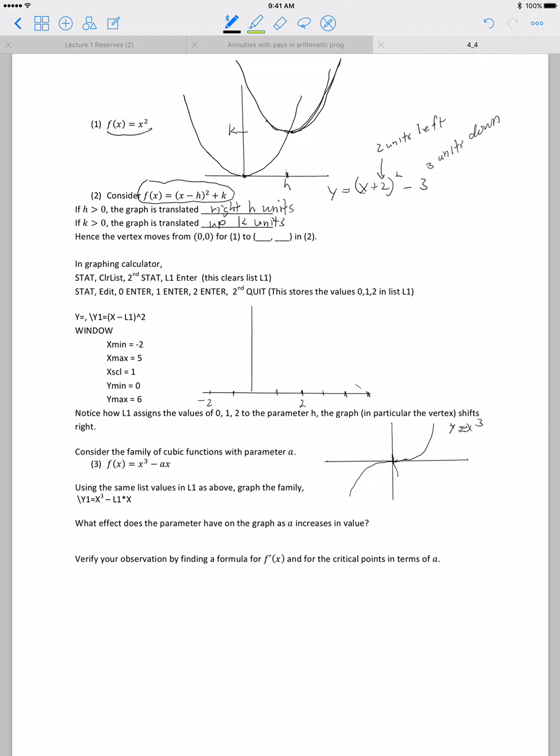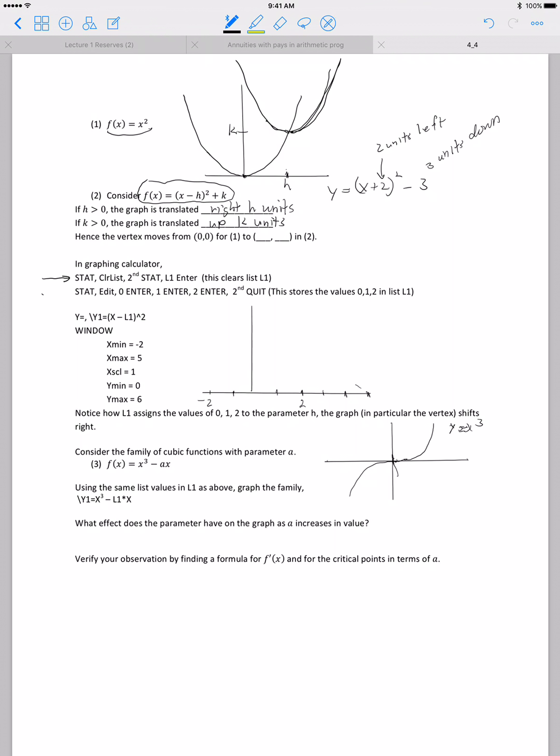So if you take out your graphing calculator and go by these instructions here, hit the Stat key, and then Clear List, select Clear List, and then do Second Stat, and select L1, and enter that. Then this will clear any values that were in the list named L1.